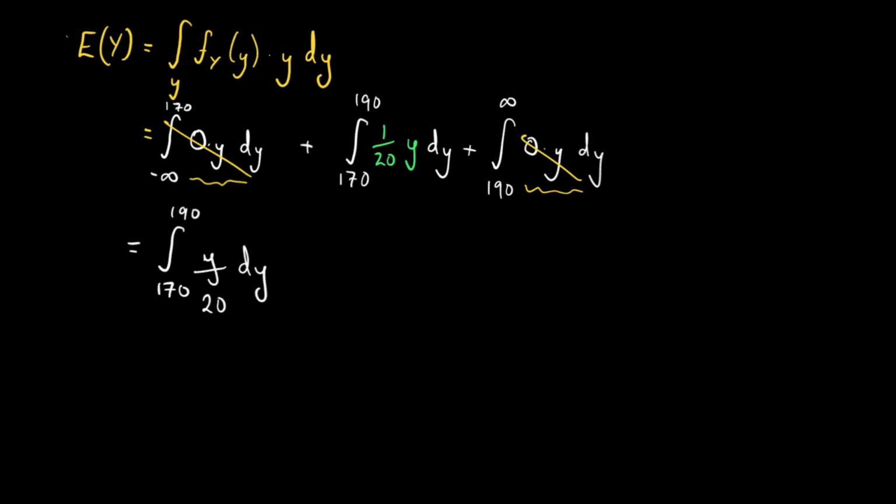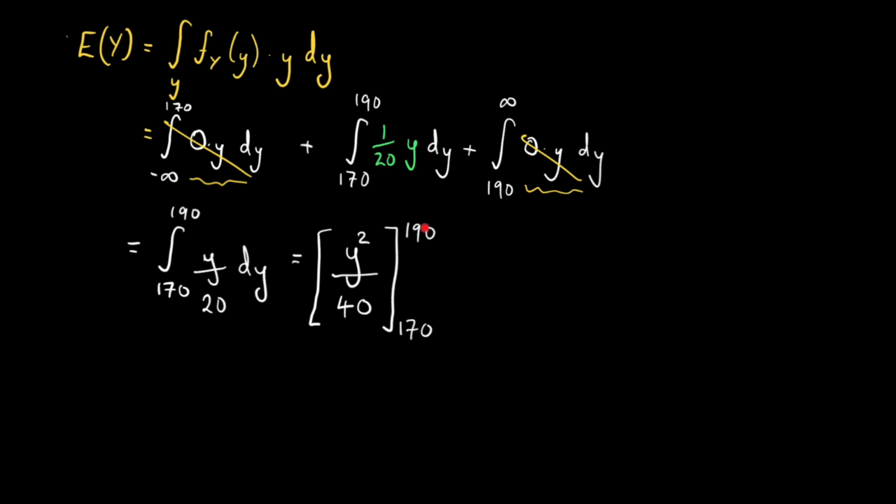Now, this is a relatively straightforward integral. Because we've just got a simple y here, we can raise the power of y by 1 and divide through by the new power. So this is going to be equal to y squared over 2 times 20, or y squared over 40, and we'll evaluate that between 190 and 170.